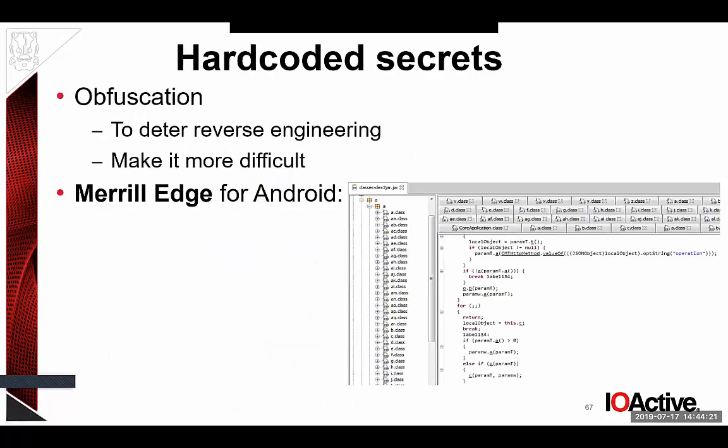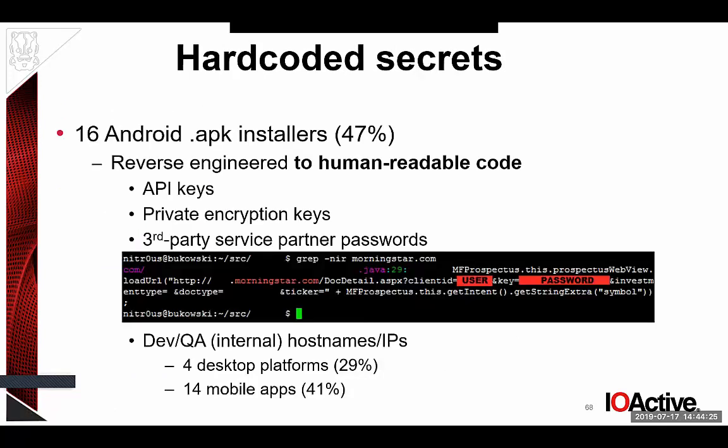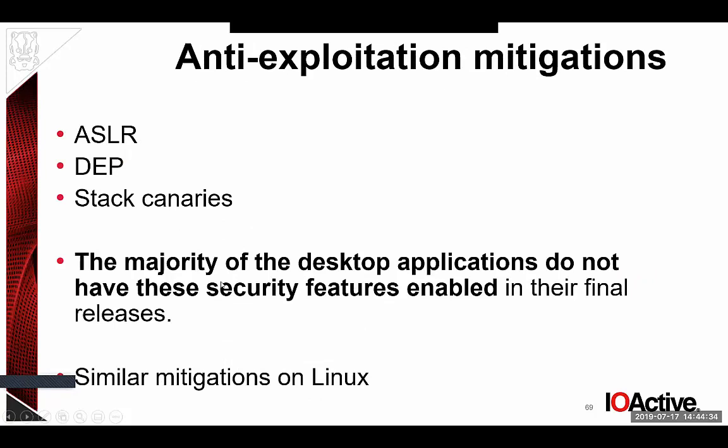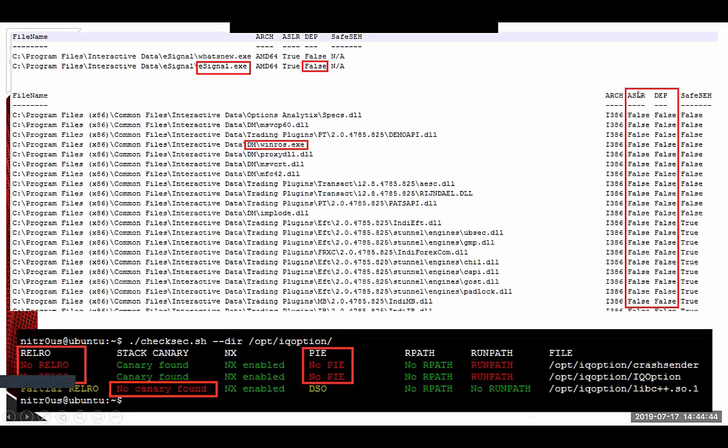Hardcoded secrets: for some reason, developers love to leave traces of their internal environments, keys, passwords, internal URLs, internal IP addresses, and developers also forget to enable anti-exploitation mitigations. ASLR, DEP, they are disabled.